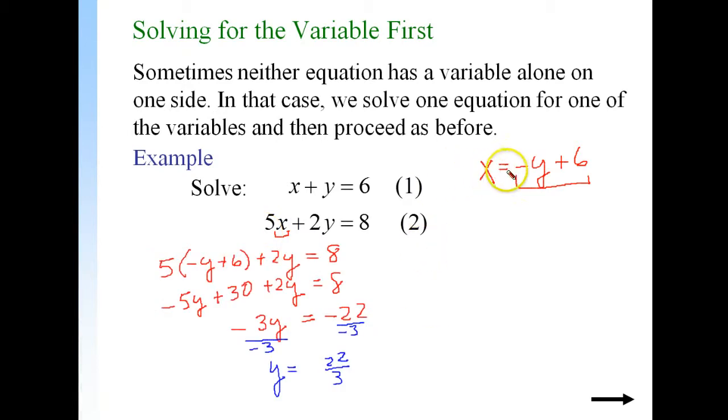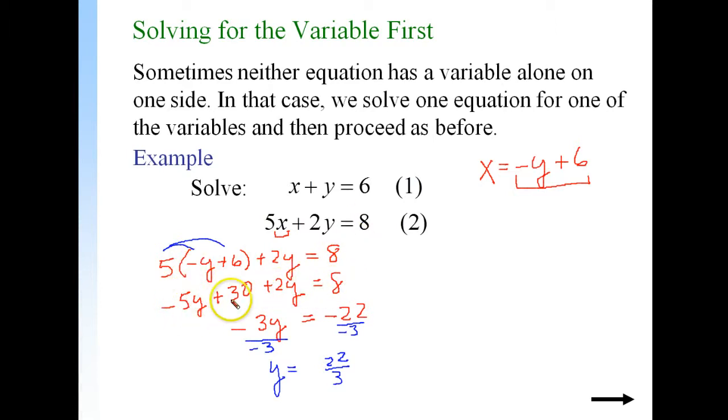So I'm solving for my x. I could have used the y, makes no difference. But there's my value of x in terms of y. I then go and put the value for x where it was, distribute, I get a negative 5y plus 30 plus 2y equals 8.